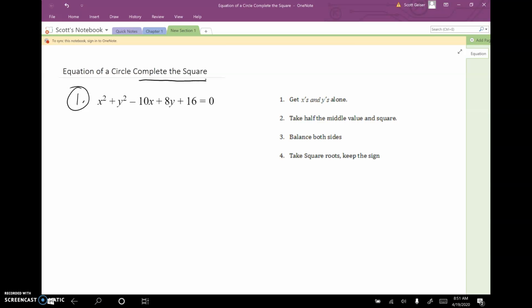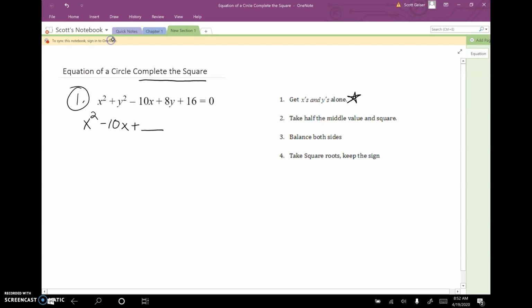And those are the two things that I need to graph a circle. So the first thing I'm going to do is I'm going to get the x's and y's alone on the left side of the equation here. So I'm going to get the x's together. So I have x squared minus 10x. And then I'm going to leave a gap here because I'm going to add something into my equation. All right.